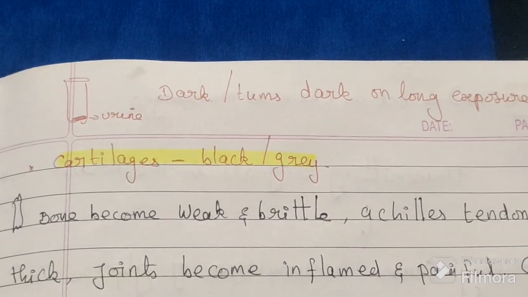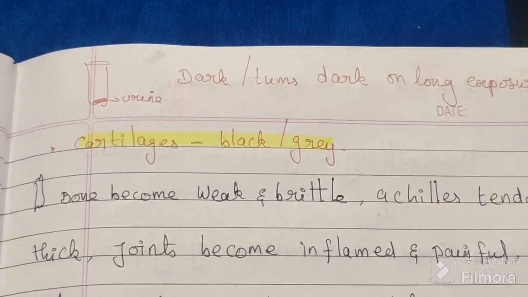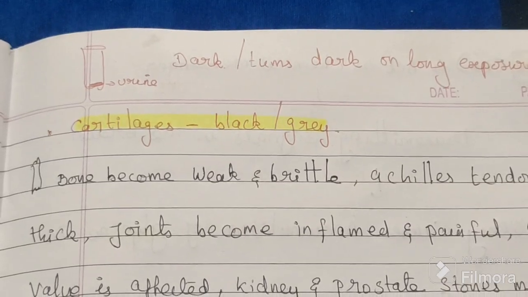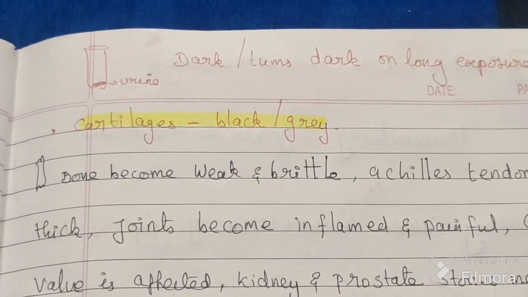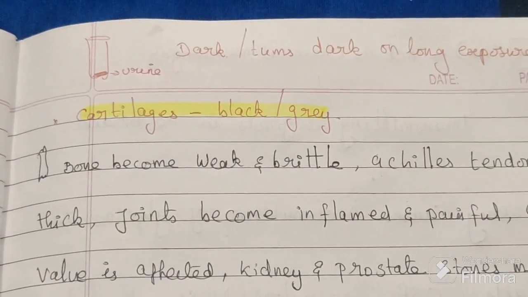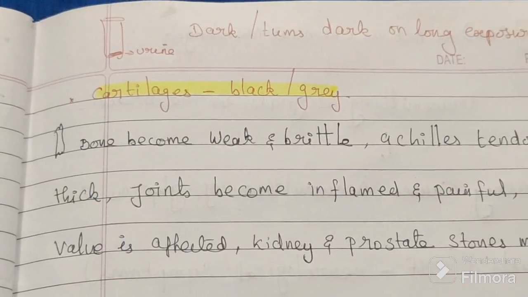This is due to deposition of homogentisate in connective tissue, especially in cartilage, which turns blue, black, or gray in color. The bones become weak.